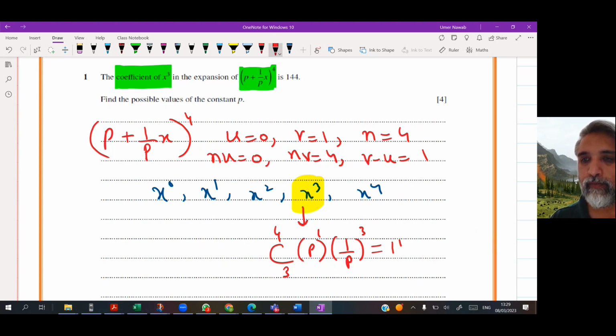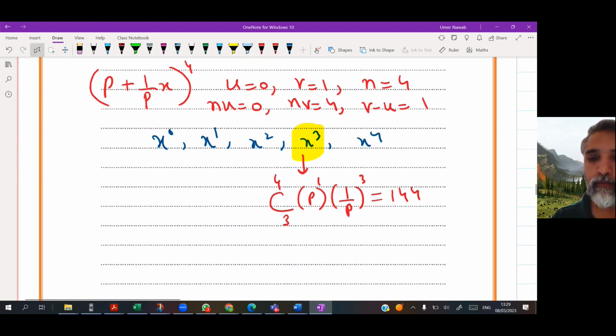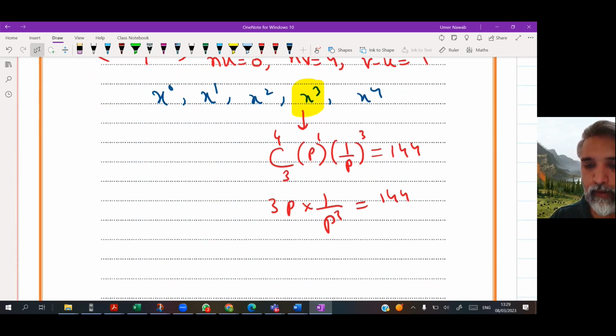He said it is equal to 144. 4C3 is 4, so 4 over p squared is equal to 144.